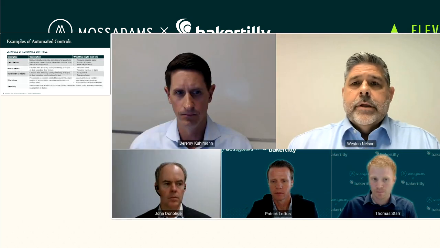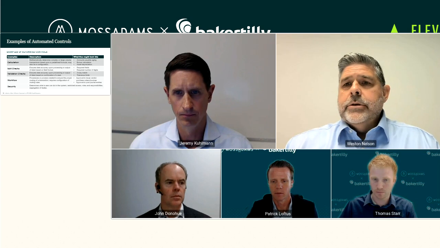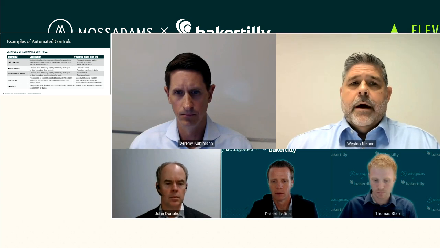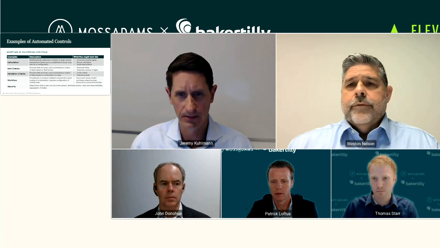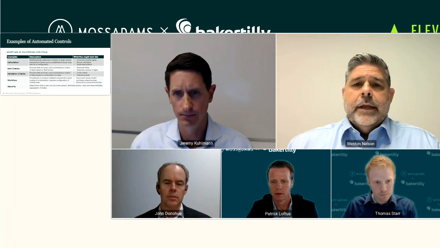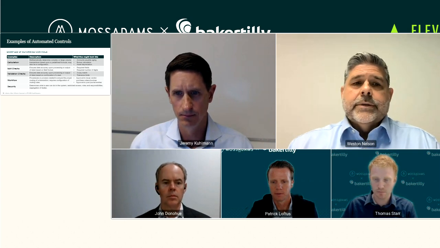So let's go into a few examples of an automated control. Here's a list that you can look at on your own time, but largely in part, the two most prominent automated controls here that you'll be familiar with are workflow or validation check. A validation check can be like your three-way match. It can be tolerance levels that are set.